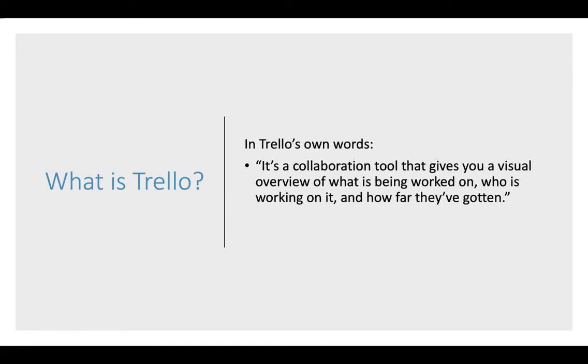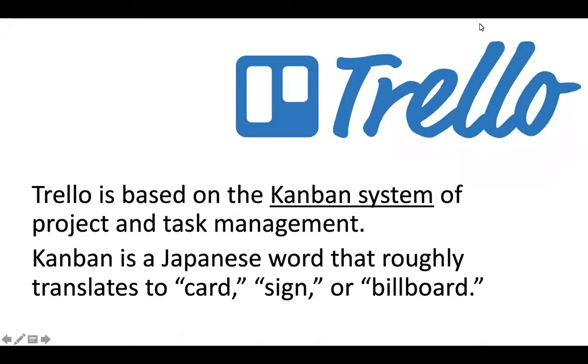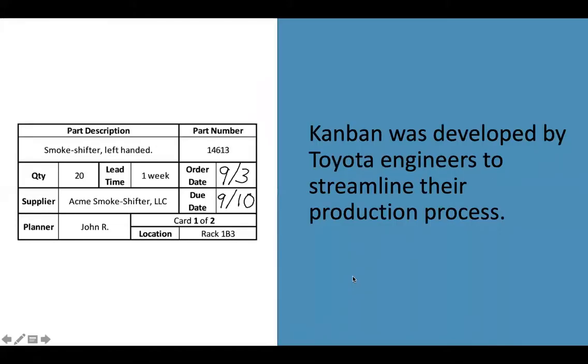Now, just a little bit of history, because I do love a little bit of history. So it's based on what's called the Kanban system, K-A-N-B-A-N, of project and task management. It's a Japanese word, and it roughly translates to card, sign, or billboard is traditionally what we believe this particular word translates to. And it was actually developed by Toyota to streamline their production process.